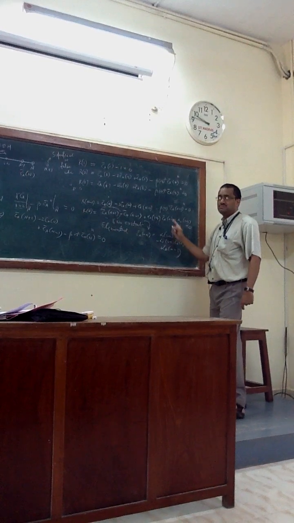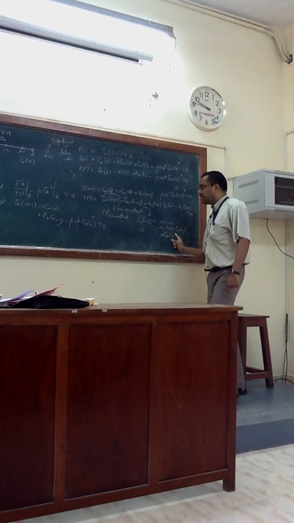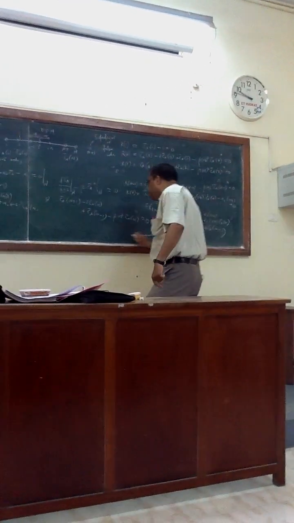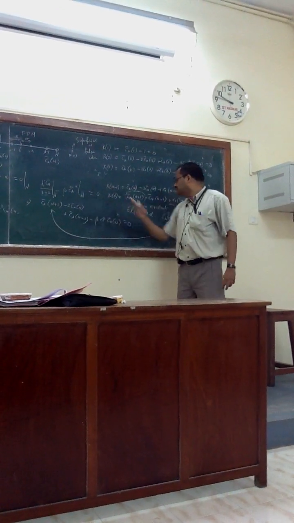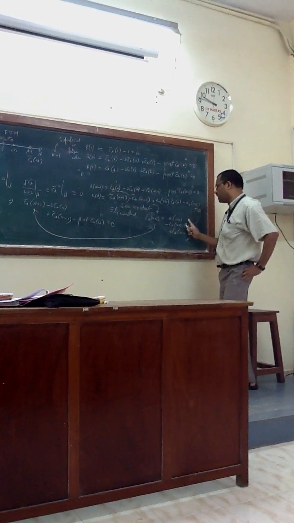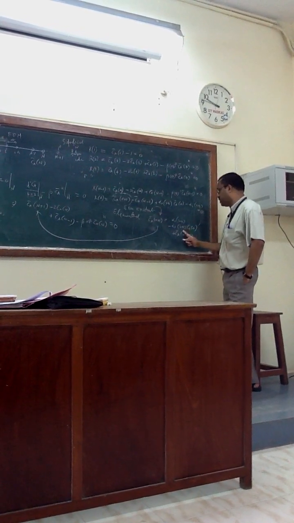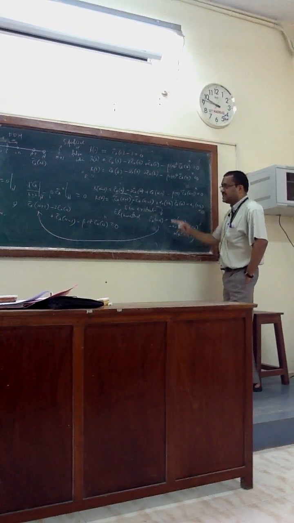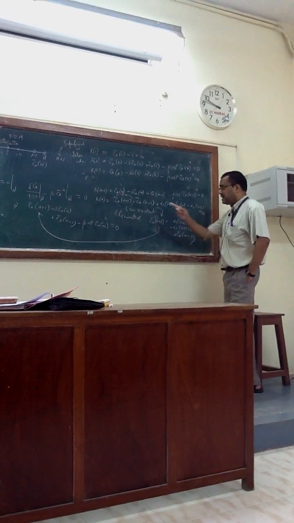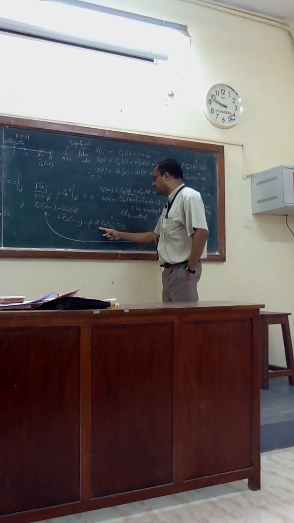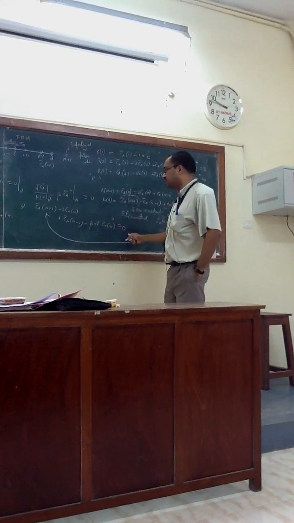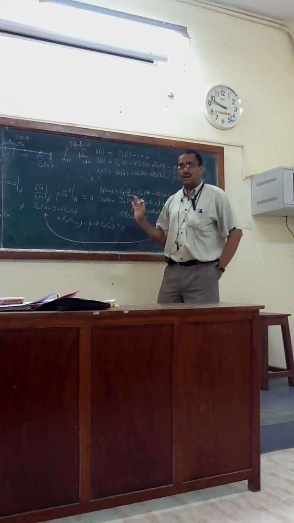This CA bar n plus 1 can be substituted here and you get the recipe. So it will be alpha 1 2 delta z minus alpha 0 2 delta z CA bar n plus CA bar n minus 1 minus 2 CA bar n plus CA bar n minus 1 minus beta delta z squared CA bar n equal to 0. So in that case, CA bar n plus 1 is not there.